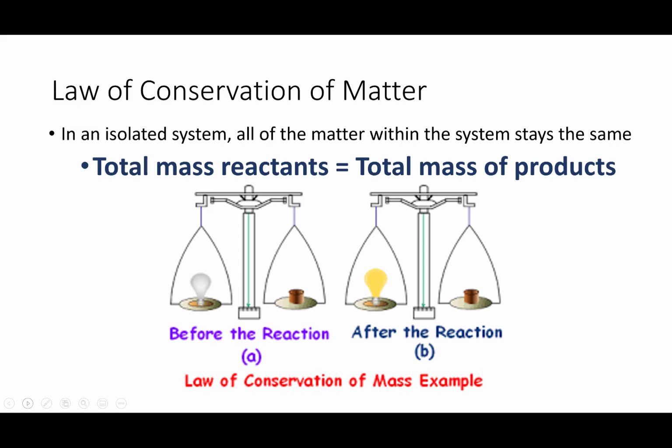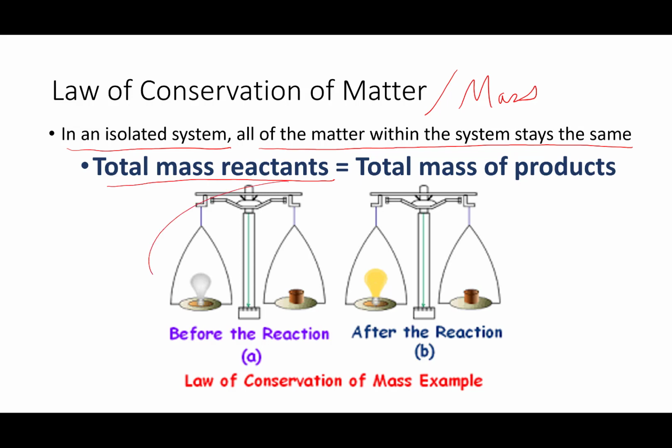The law of conservation of matter, also sometimes called the law of conservation of mass, says this: in an isolated system, all of the matter within the system stays the same. Another way of saying that is, if you have a chemical reaction, all of the mass of the reactants before the reaction is going to be equal to the total mass of the products after the chemical reaction.